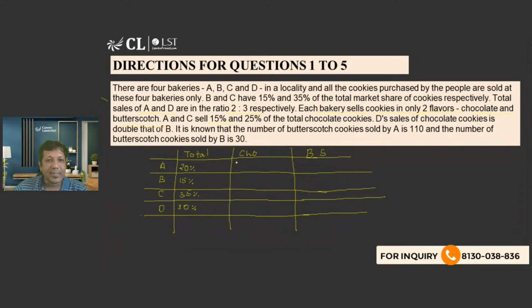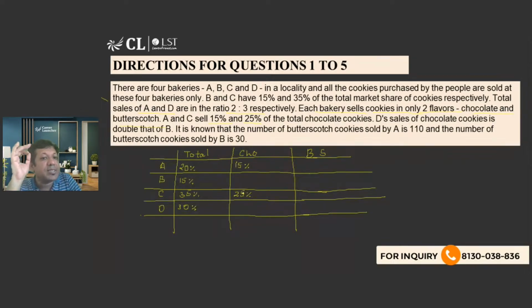Now A sells 15% of chocolate, and C sells 25% of chocolate cookies. I'm currently writing down the information. So out of 100% of the chocolate cookies, I have distributed 40%.